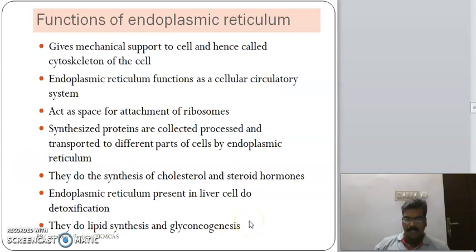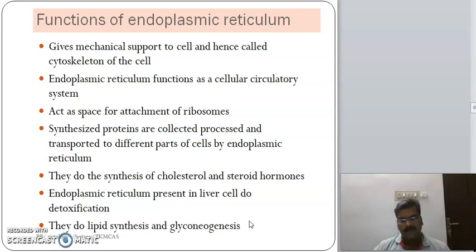Coming to the functions of endoplasmic reticulum, they give mechanical support to the cell, and hence they are called a cytoskeleton. As they connect the cell membrane to the nuclear membrane, they act as a lateral circulatory system.